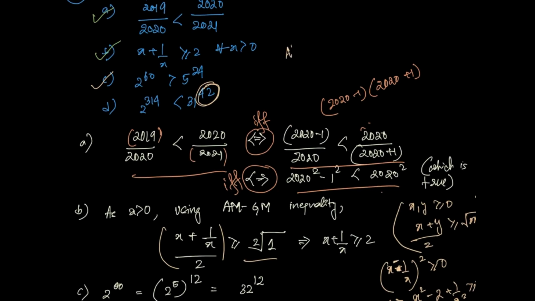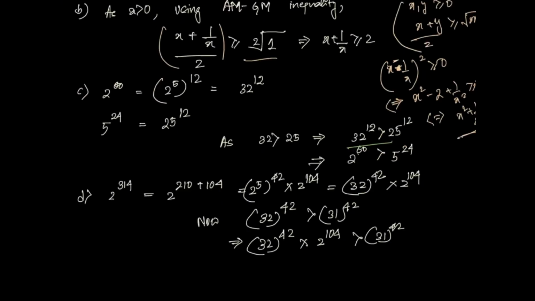Notice that 42 times 5 is 210. So what I'm getting here is that 32 whole to the power 42 into 2 to the power 104 is basically this value. So I could break this into 210 plus 104, and I'm getting this. But I know that 32 is greater than 31, obviously.